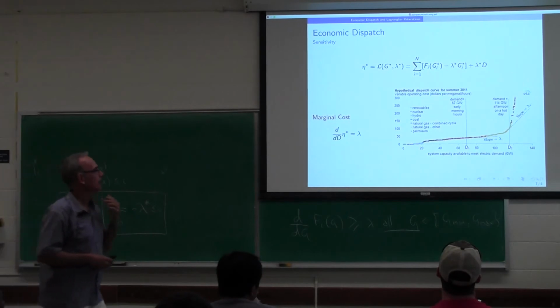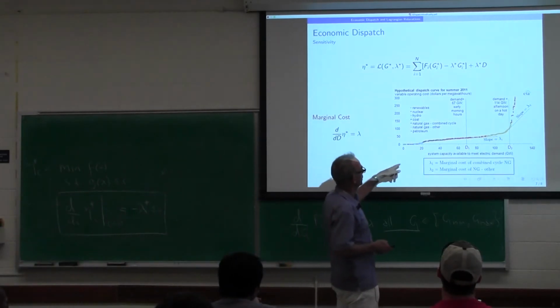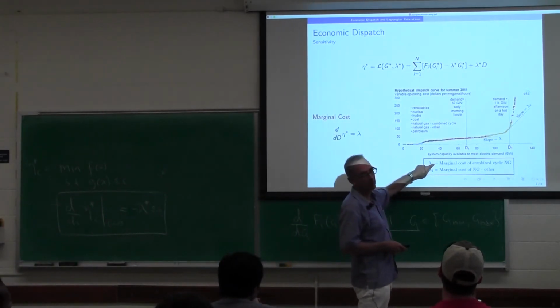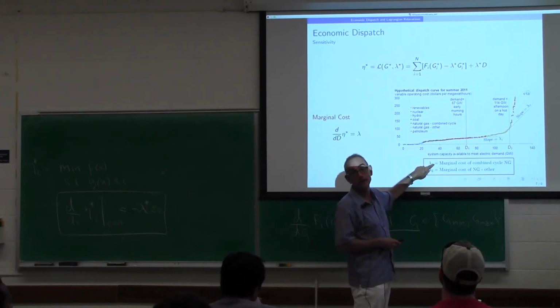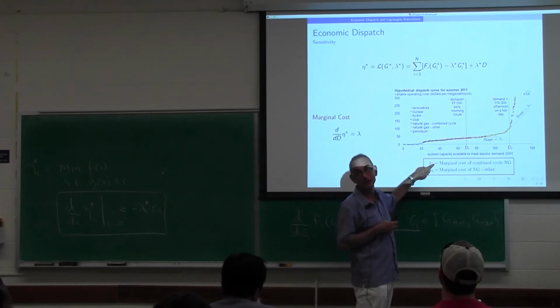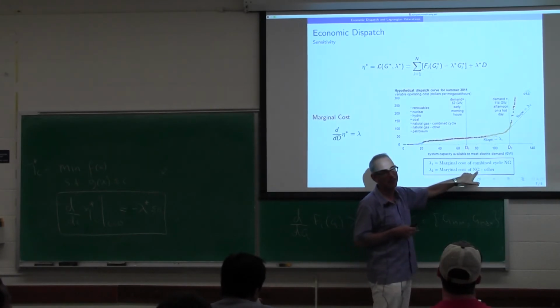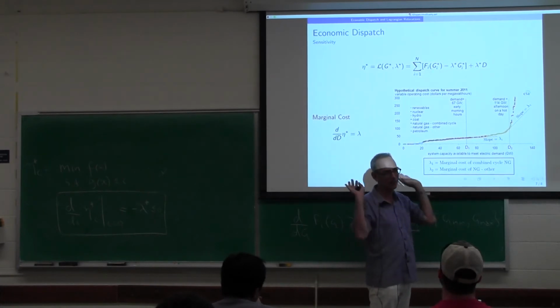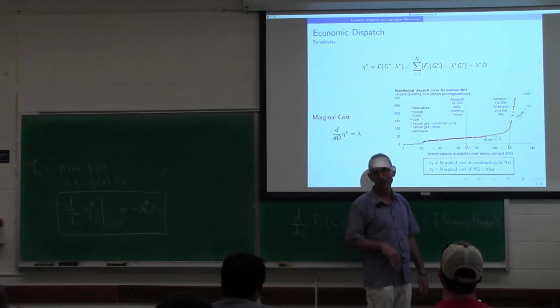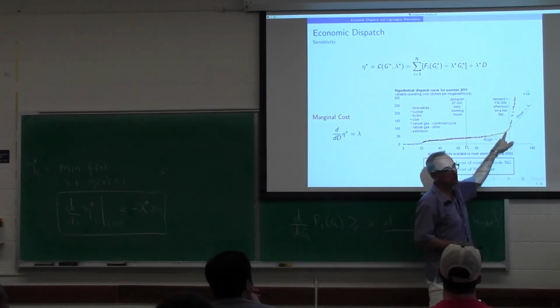Initially you're dispatching cheap units like these combined cycle natural gas plants that are very efficient, with fantastic heat rates, and eventually we have what they call marginal cost of natural gas other. I have no idea what that is, but it's something that can be brought online quickly and is expensive as hell. So it's got a much bigger slope.